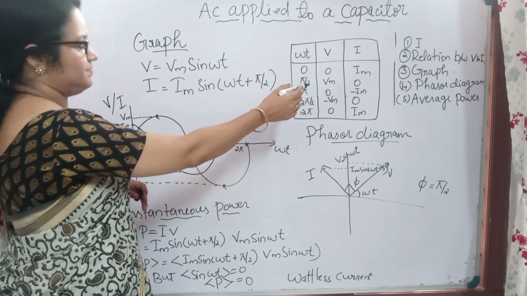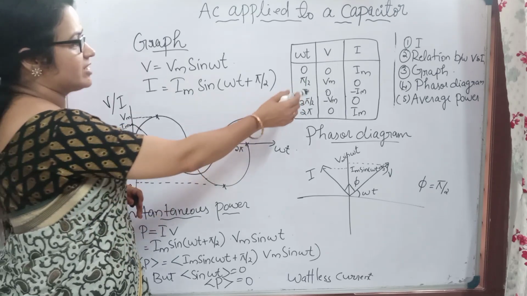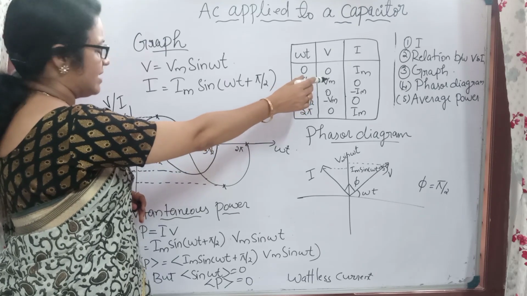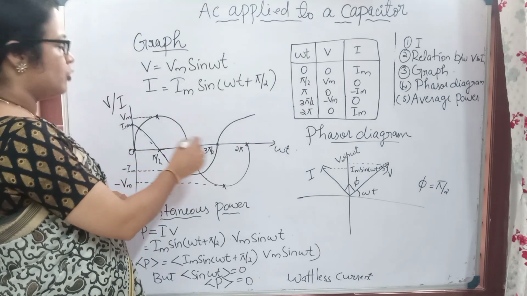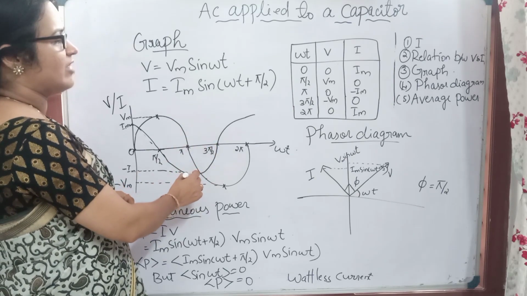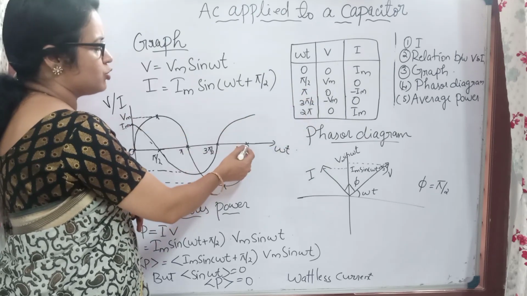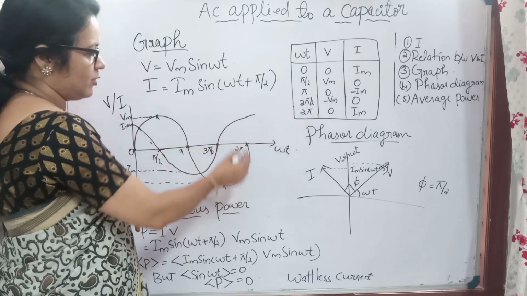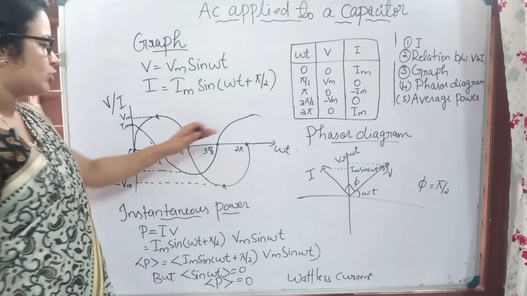And then that means Im we have to draw here, and after that for pi by 2 what will happen? That is at 0. So when it is pi by 2, here it is 0, and for pi, here what is the value? Maximum value we are getting, minus Im, and for 3 pi by 2 it is 0, and for 2 pi it is Im. Okay, so this is the maximum value here. So like this we can draw the diagram.